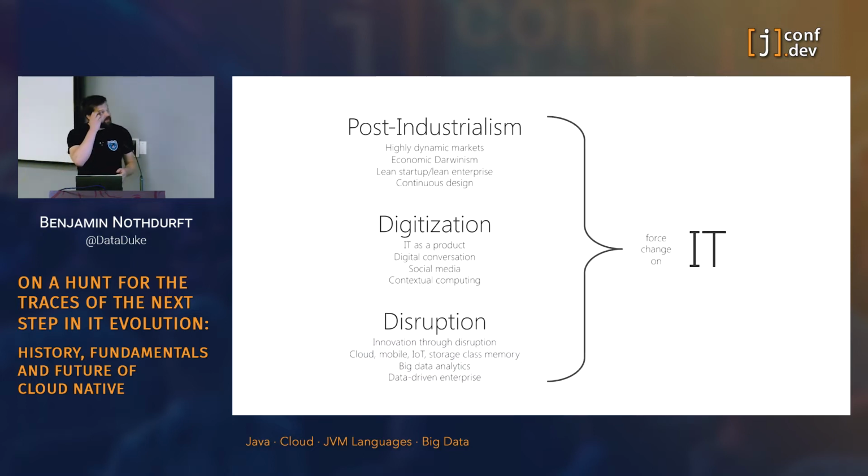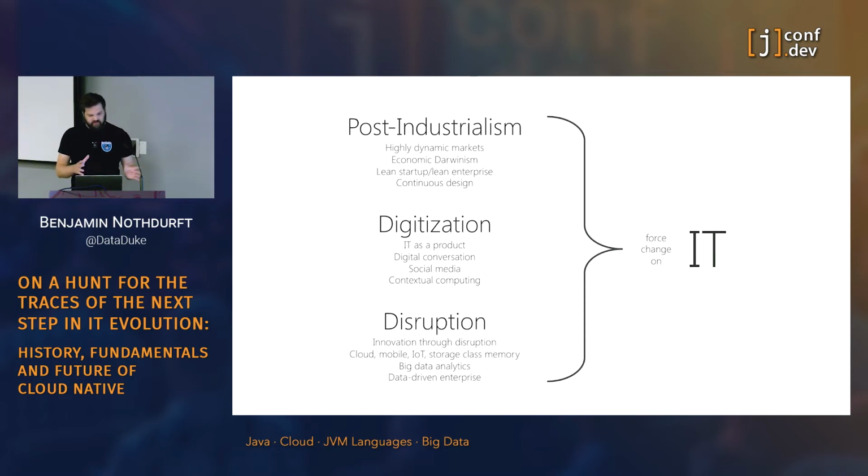Just to sum up this chapter, post-industrialism these days is about lean startup, lean enterprise, continuous design. So go out to the customers with prototypes, get early feedback, have Google design sprints being run, and try to adapt to these highly dynamic markets.